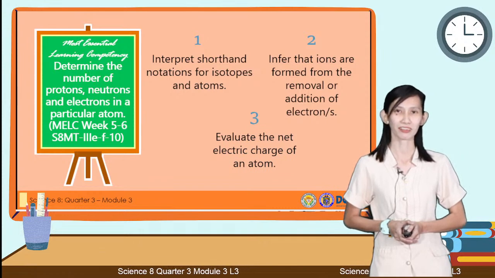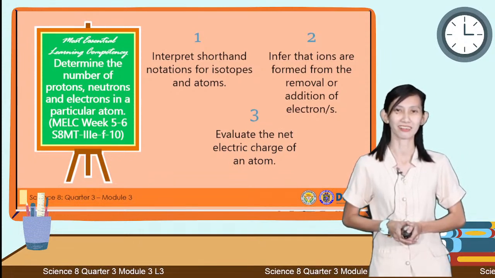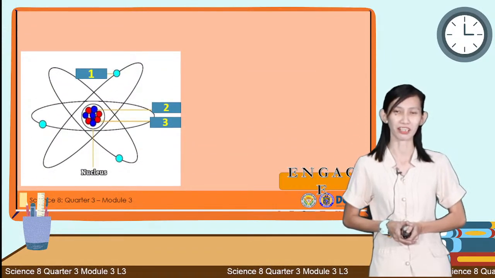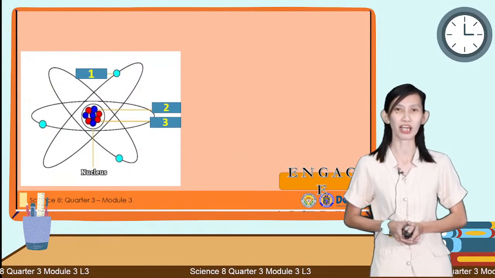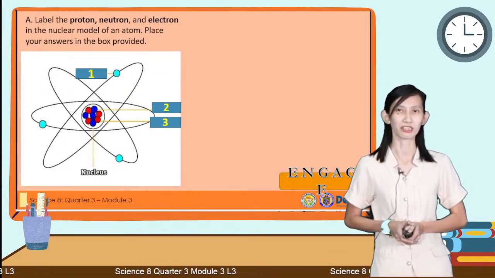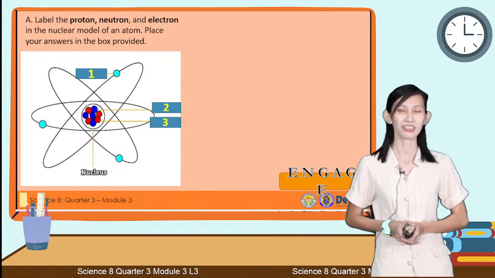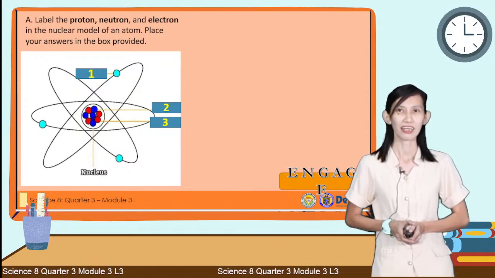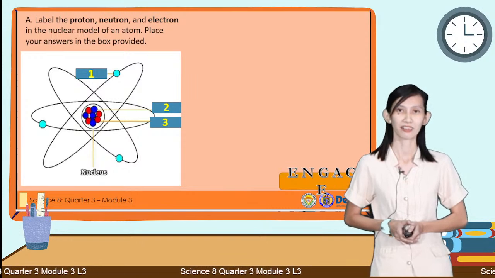Before we start our new lesson, let's have a short brain test. We have here a picture of the nuclear model of an atom. You are going to label the proton, neutron, and electron. We are going to place our answer inside the box. You can type your answer in the comment box.